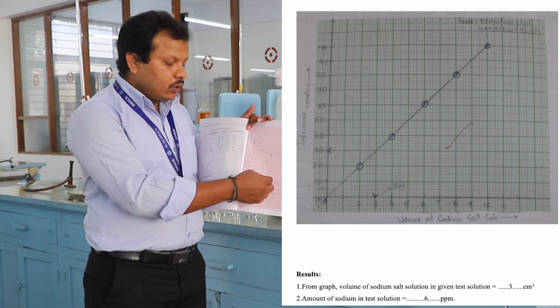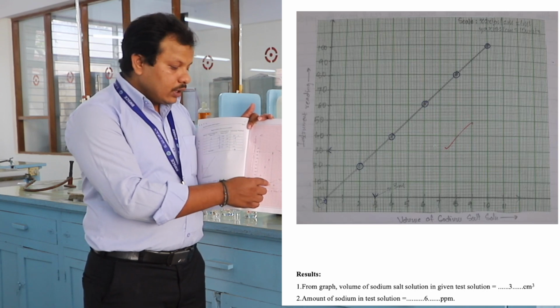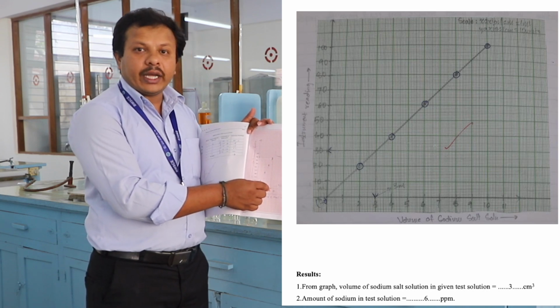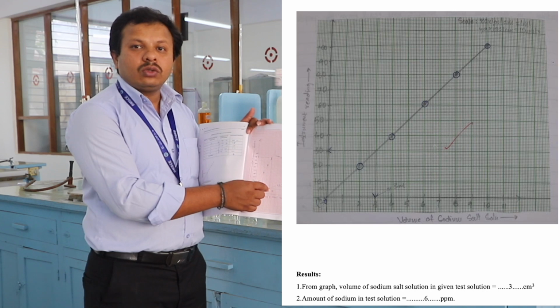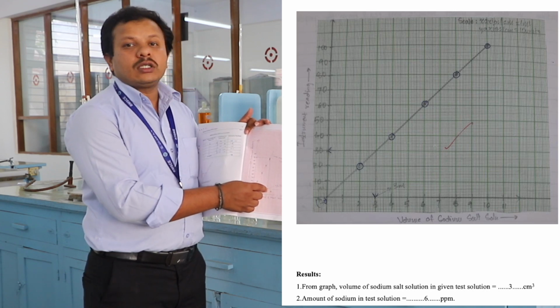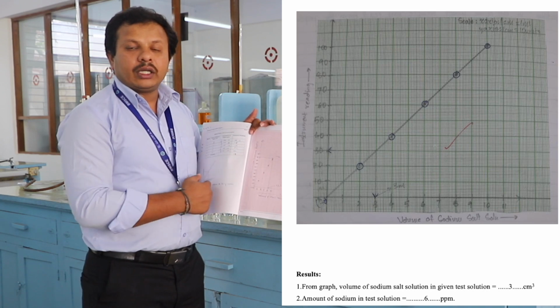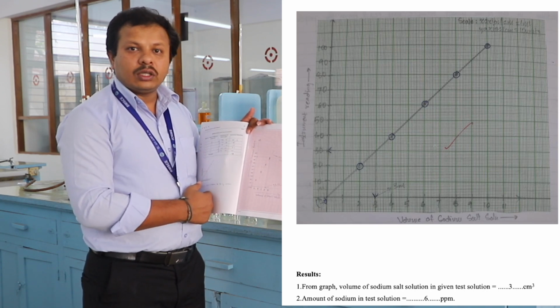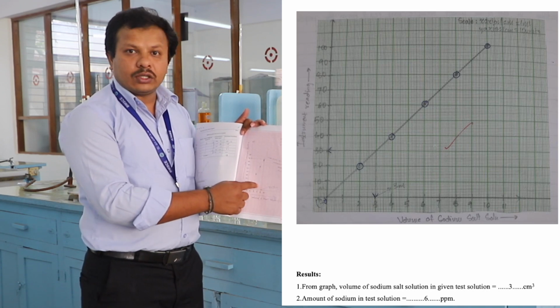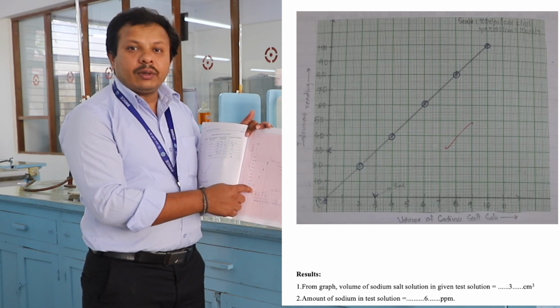Where it meets the straight line, from that point of intersection, drop a line towards the x-axis. Where this line meets the x-axis corresponds to the volume of the test solution. If you know the volume of the test solution, we can calculate the concentration of the sodium present in it. This is the calibration graph.